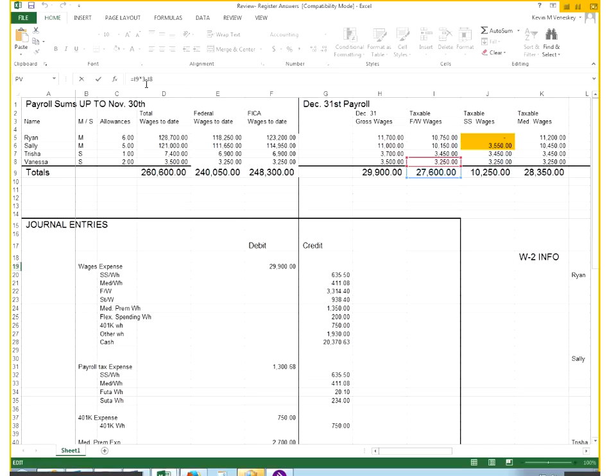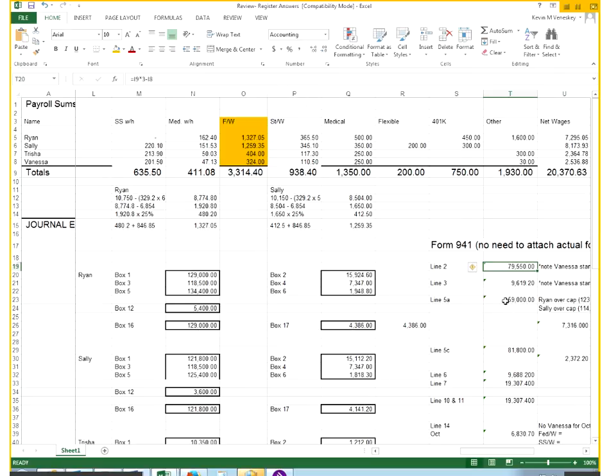I multiplied that by 3 for the 3 months in the quarter, and then I needed to remember that Vanessa started in November, so one of her pays wouldn't have been included, so I need to back that out. November and December would have both been 27.6, but the October pay would have not had that 32.50. So that's why I took it out to get my total wages here.